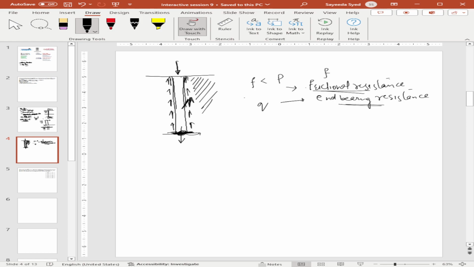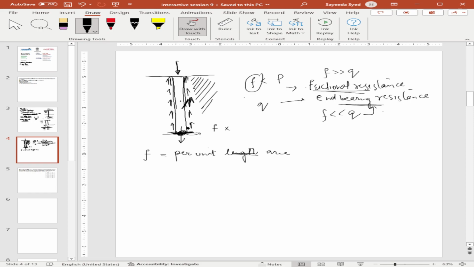In calculating the frictional resistance, if F is the frictional resistance per unit area, we calculate F at a unit area and then multiply it with the whole area that is resisting the load.